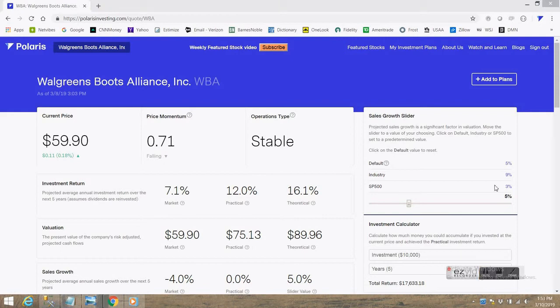For a company that's considered to have stable operations, the default sales growth is determined by looking at the consensus analyst forecasts for earnings, and then using profit margins converts that to an equivalent sales growth.